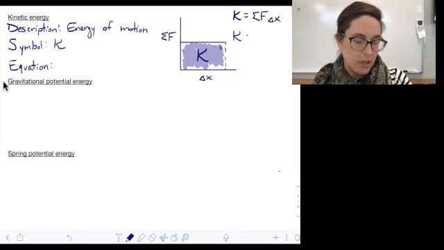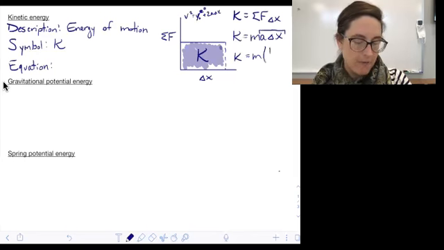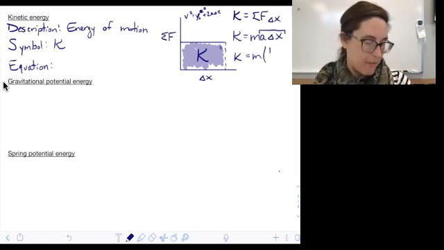If we rearrange our v squared equals v naught squared plus 2a delta x, and assume that we start at an initial velocity of 0, we can replace this a delta x with 1/2 v squared. And that is how we would commonly see the equation for kinetic energy, written as 1/2 mv squared.